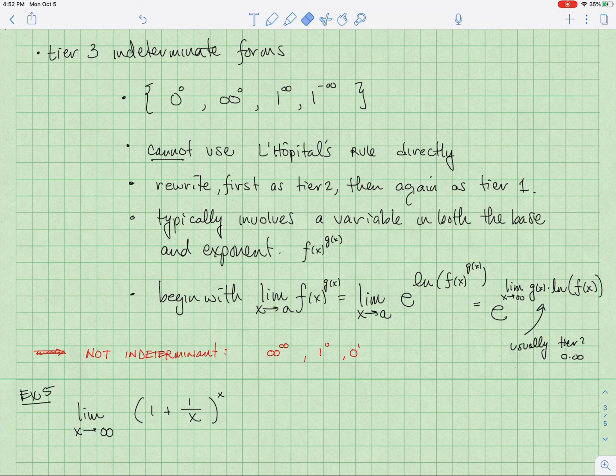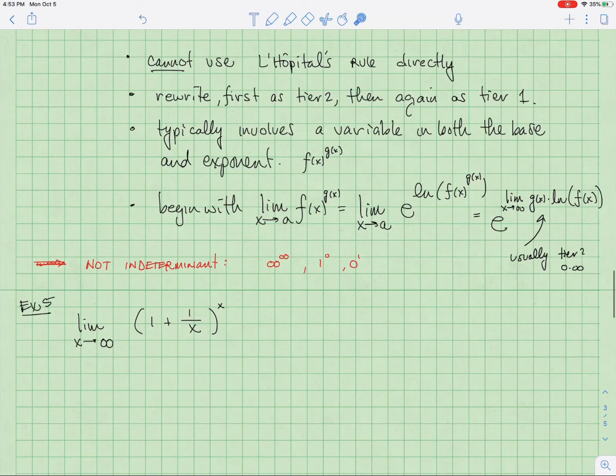Okay, so the common indeterminate forms are above, but these are not indeterminate forms. Infinity raised to the infinity, that's a large number raised to a large power. That's just exceedingly large. 1 to the 0 is actually 1, and 0 to the first power is also 0. So watch out. Don't lose sight of the things that you already know.